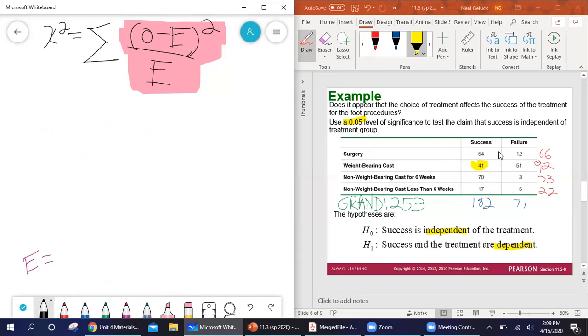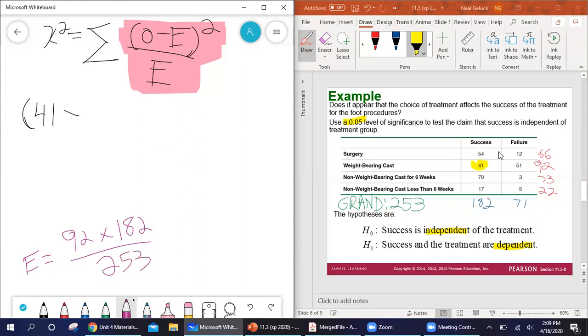So the observed value for row 2, column 1 is 41. The expected is what I have to calculate out. So the row total that 41 is in is 92. The column that it's in is the first column, which is 182. The grand total again was 253.